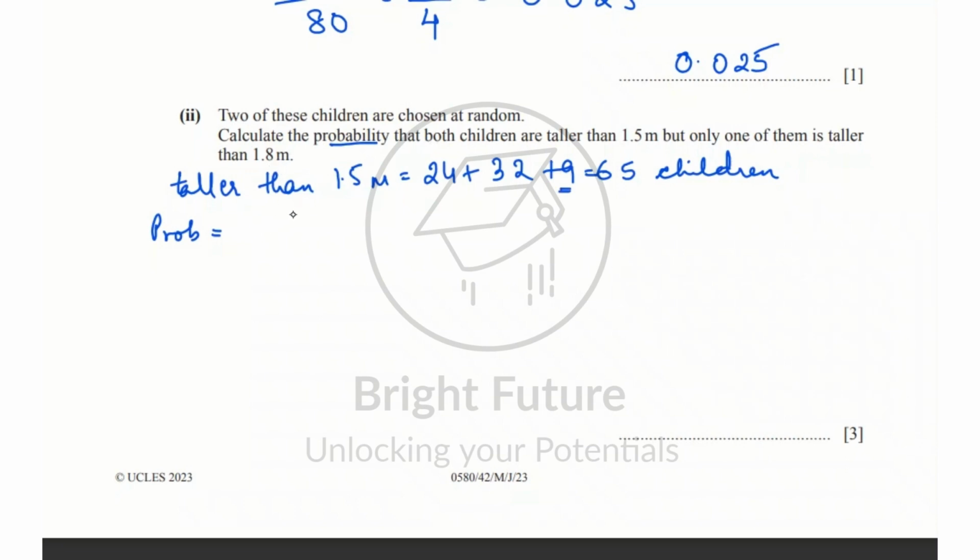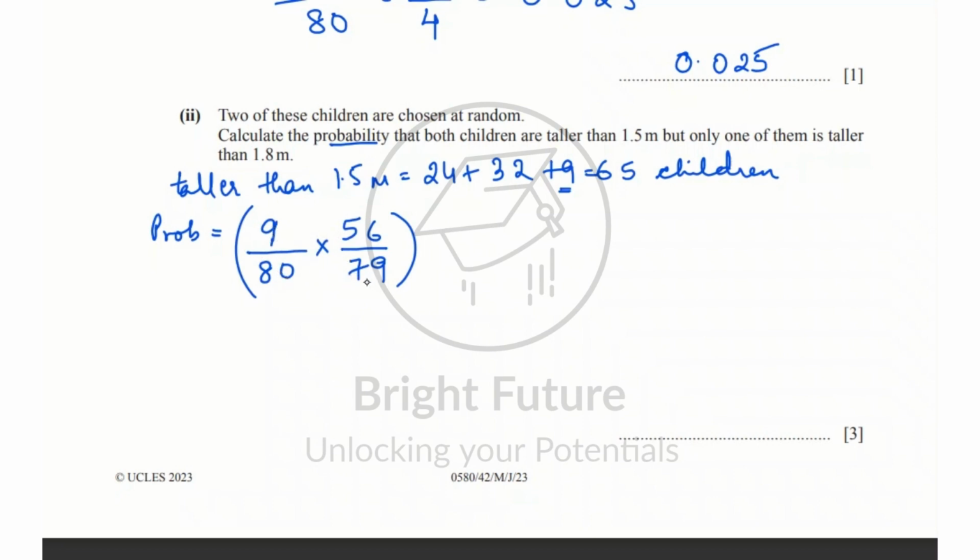So the first child that will be removed would either be taller than 1.8, out of 80 children, or the other one will be the remaining one. So 65 minus 9 will be 56. So 56 upon 79. So the first child that has been removed, either he might be taller than 1.8. So that's why the probability for the first child will be 9 upon 80.